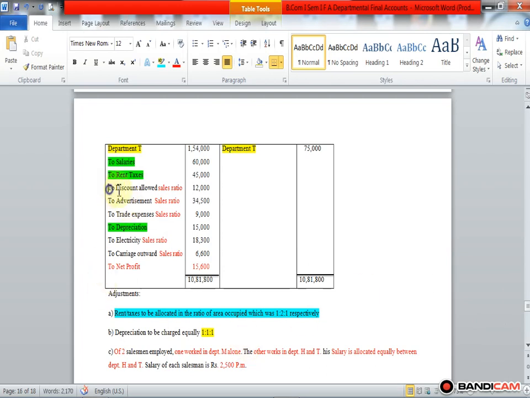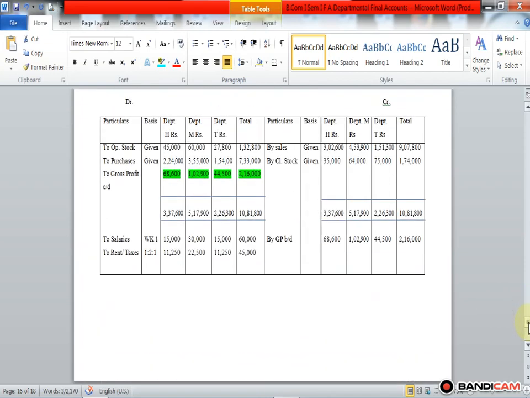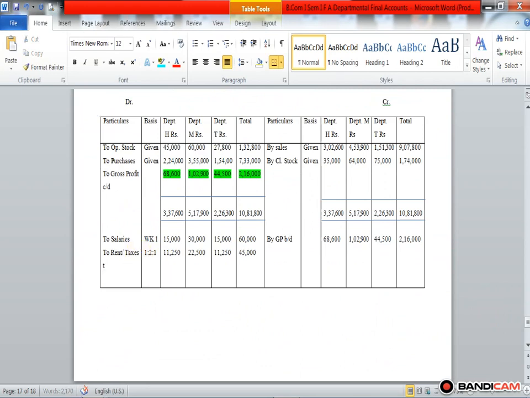Okay, now which expense is allocated next? Here discount is allocated on the basis of sales ratio. So first of all we calculate the ratio of sales. So discount is on the ratio of sales. And what is the ratio of sales?